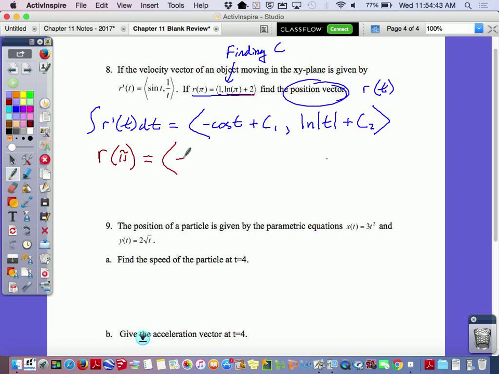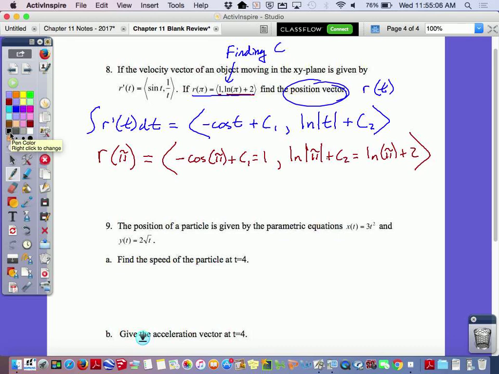So I'm going to plug in pi here. I'm going to get negative cosine of pi plus c sub 1 equals 1. And then ln of pi plus c sub 2 needs to equal ln of pi plus 2. This should allow us to solve for c.